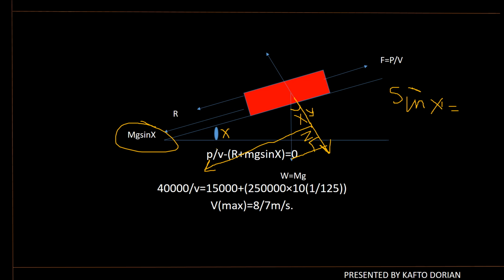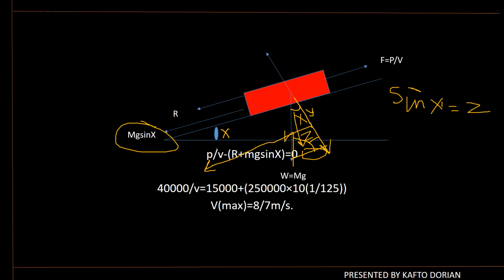So this face that is pointing in this direction means that it's the hypotenuse, and this side is opposite. So if I want this side, I'll simply have opposite on hypotenuse. So sine x is equal to opposite. The opposite was what?